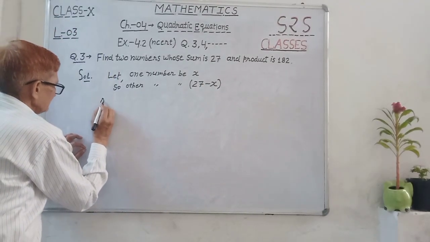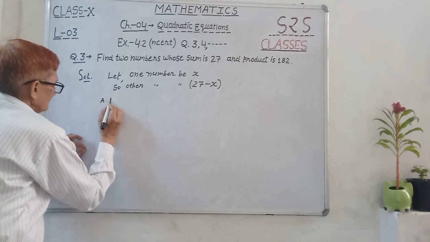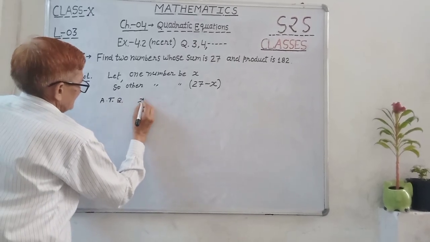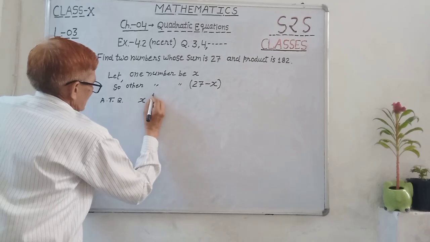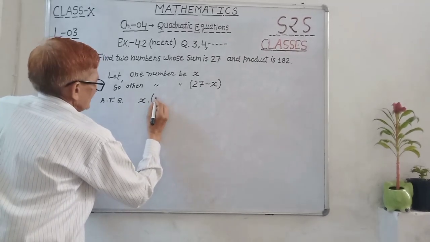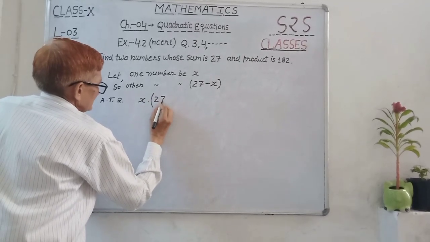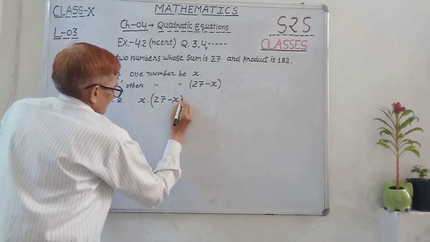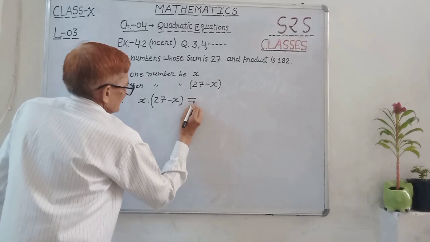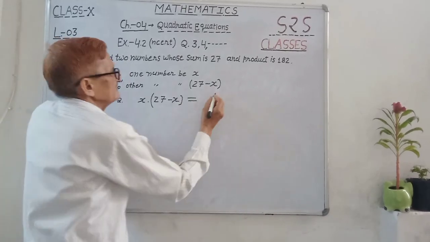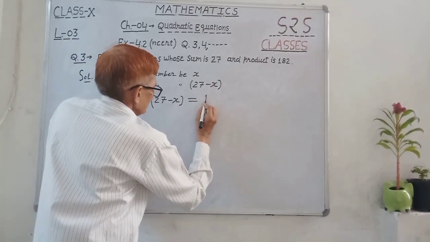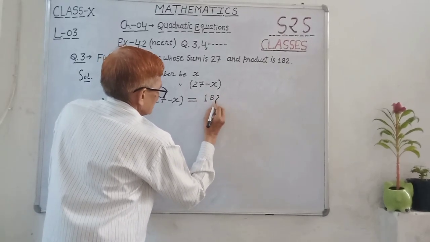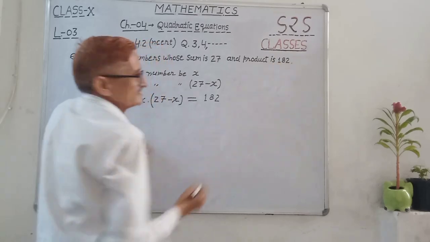According to the question, x multiplied with 27 minus x, the second number, the result is the product, that is 182. Done. Equation relation according to the given condition.